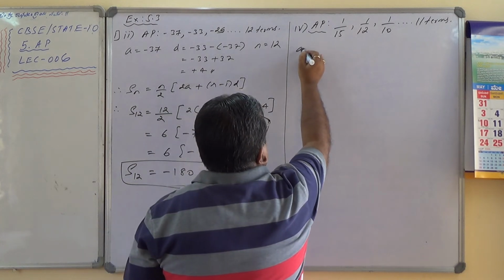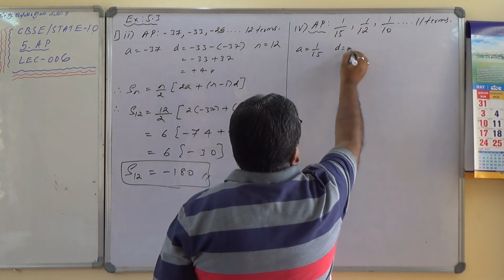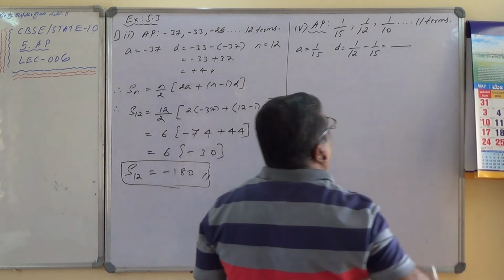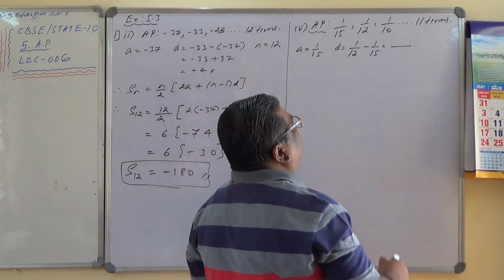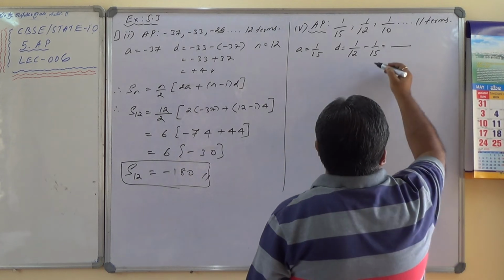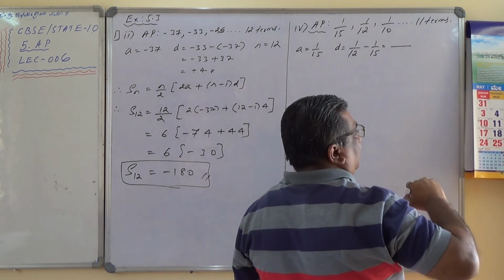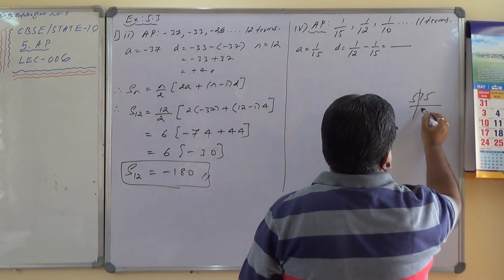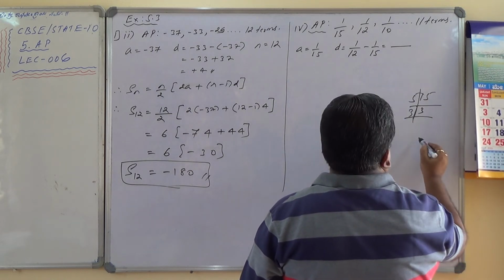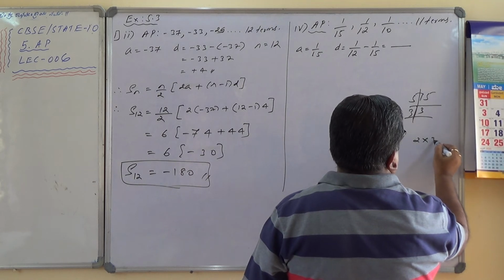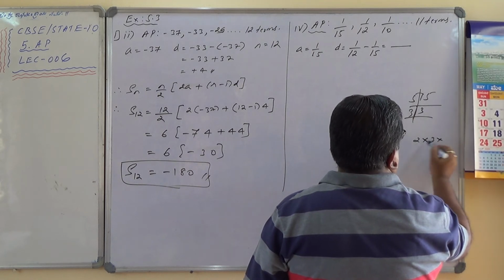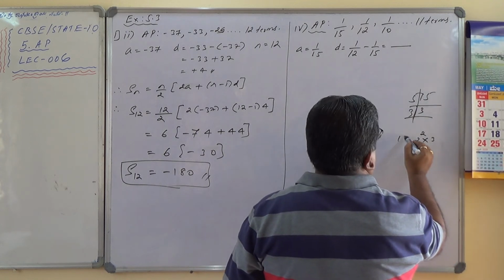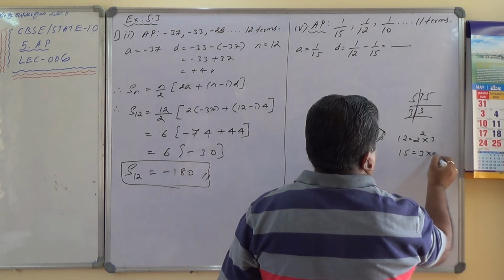For that I have to find out a, which is 1 by 15, and d equals 1 by 12 minus 1 by 15, which equals... So what is the LCM over here? 12 and 15. 15 is 5 into 3, and 12 can be written as 2 into 2 into 3, 2 square into 3.